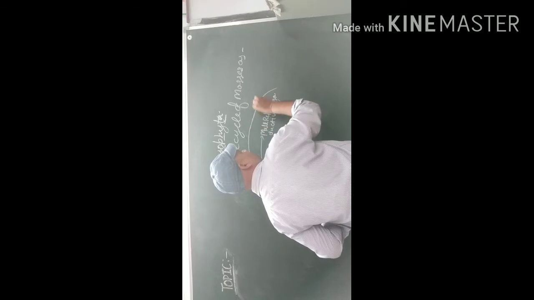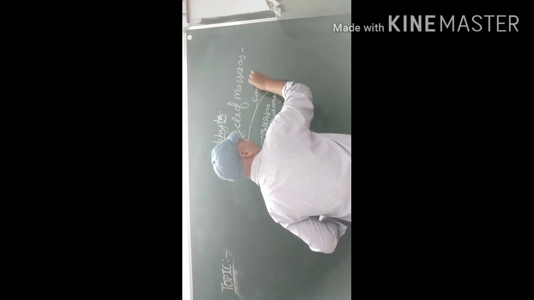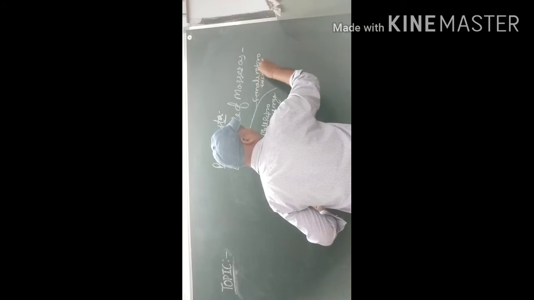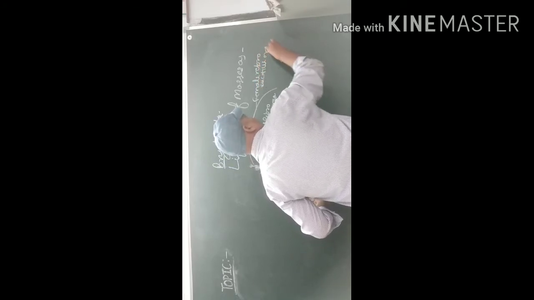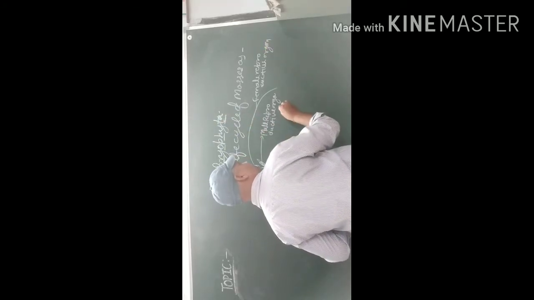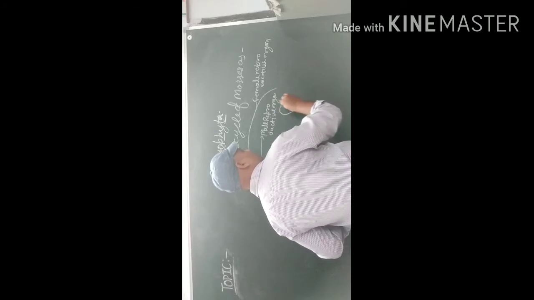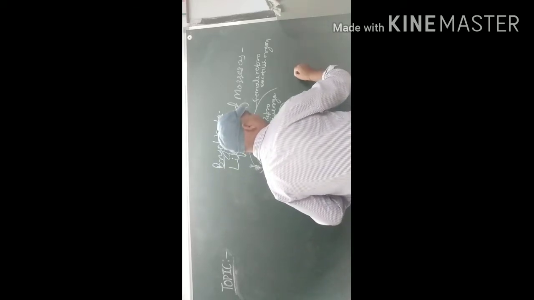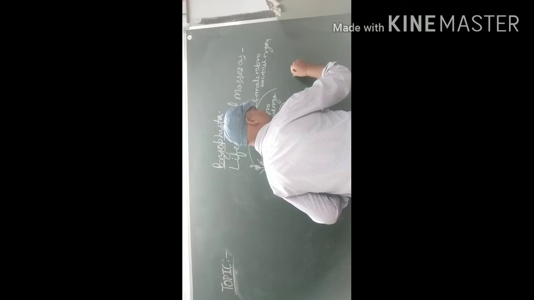The male reproductive organ is club shaped and composed of male gametes, antherozoids, while the female reproductive organ is a funnel shaped structure known as archegonia.